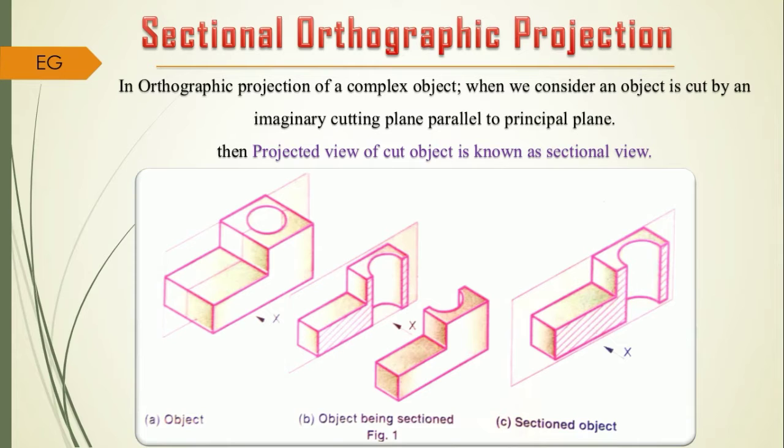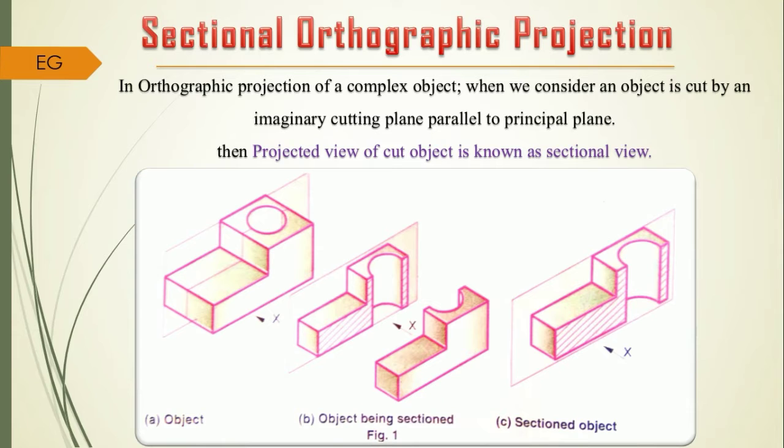But when the object is complex from inside, then as you project its front or side view, there will be many dotted lines in the projected view. In such a case, it becomes very difficult to read the projections of such a complex object, where we have too many dotted lines.